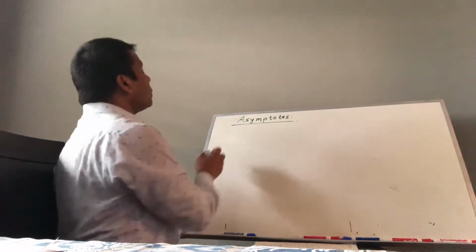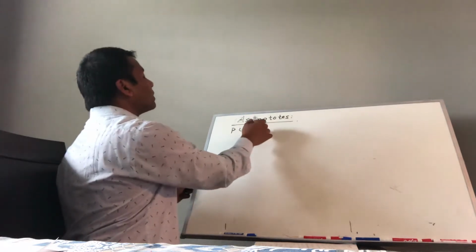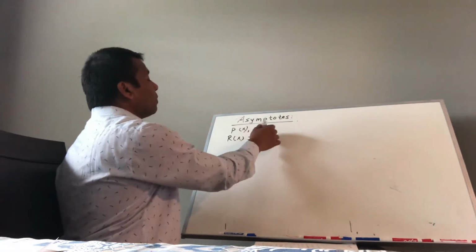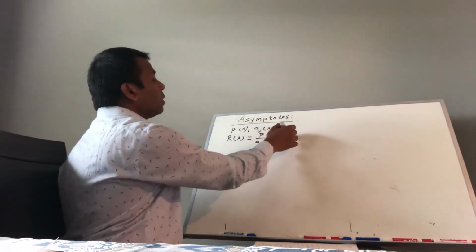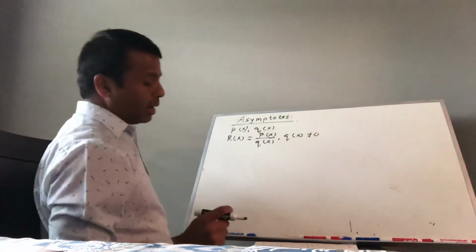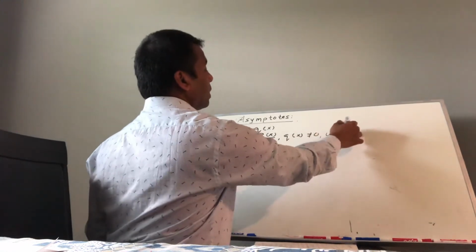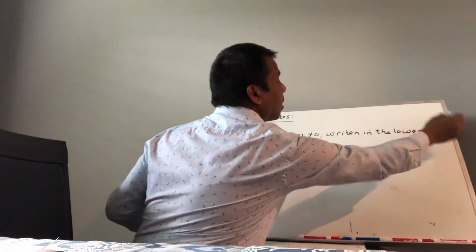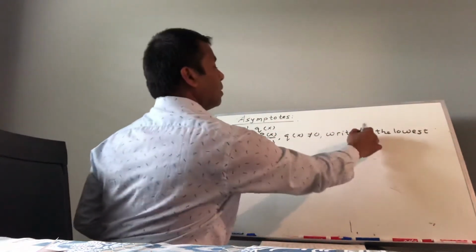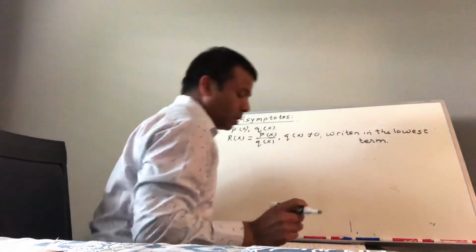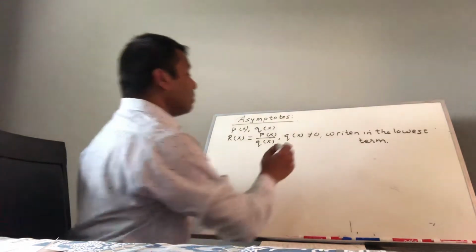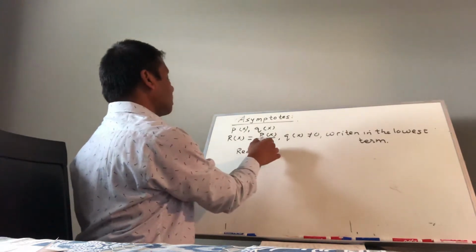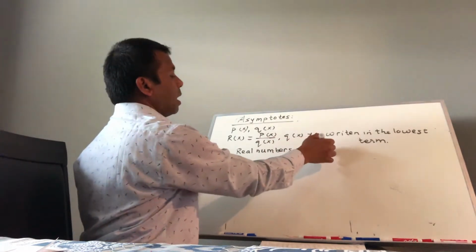If you have two polynomial functions, let's say p(x) and q(x), and you have a rational function r(x), the ratio of p(x) to q(x), where q(x) is not equal to 0, and this is written in lowest terms, and we have real numbers a and b.